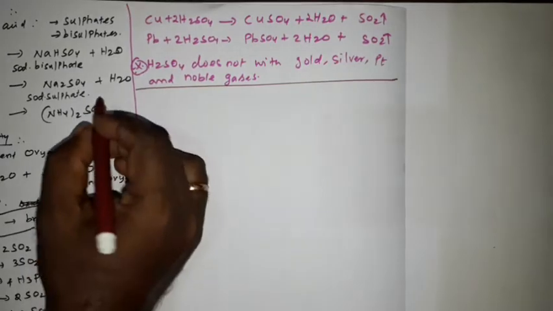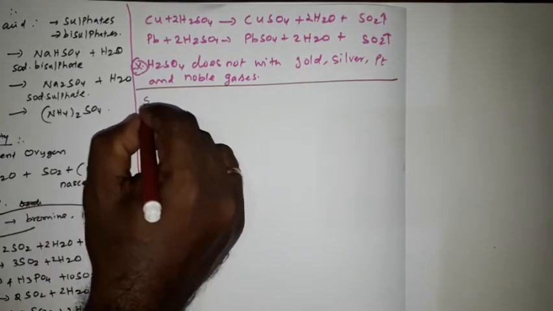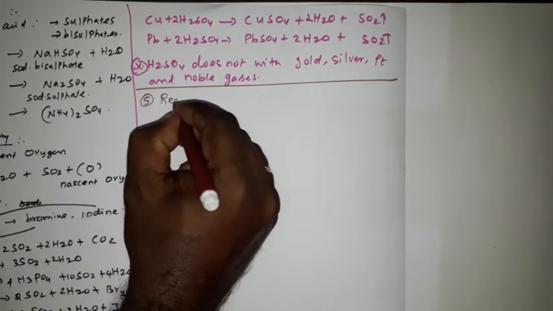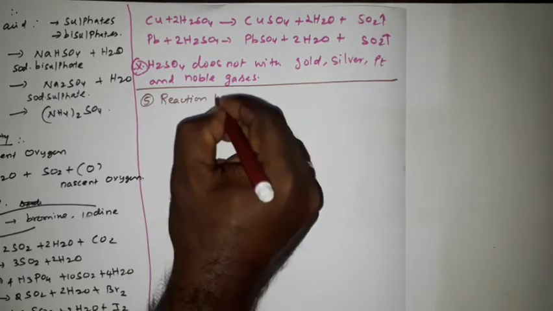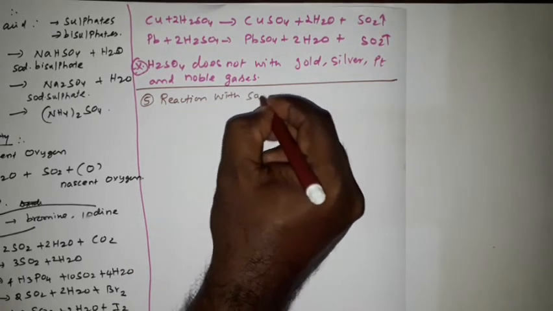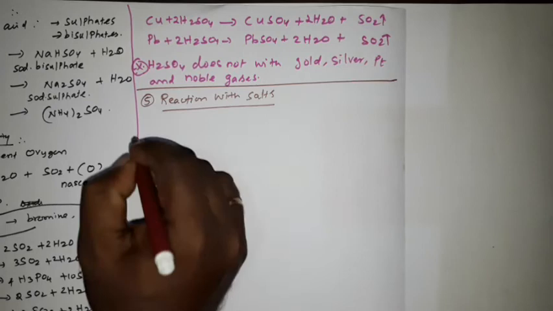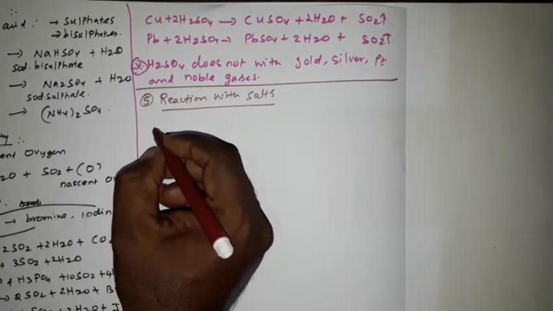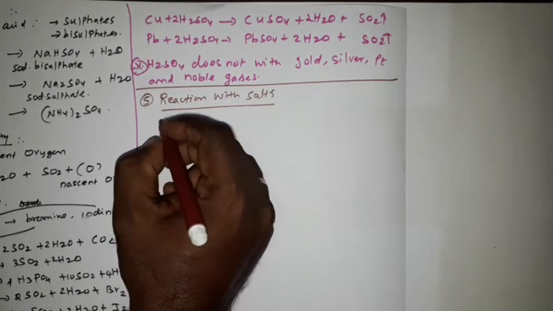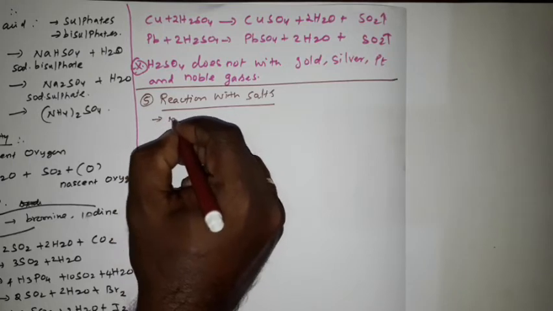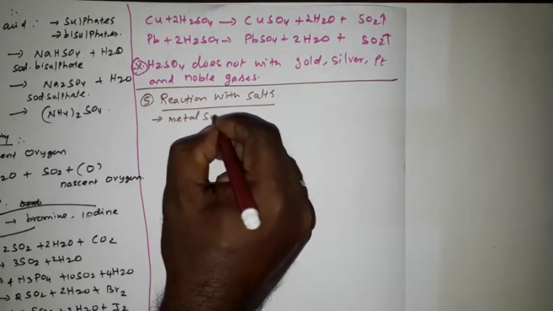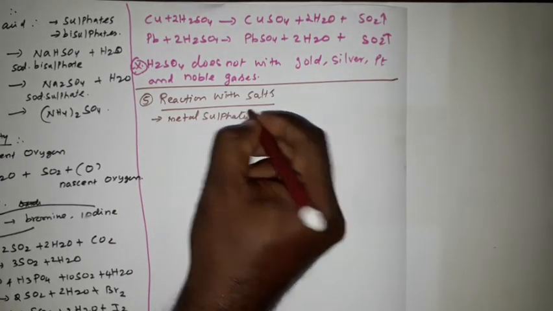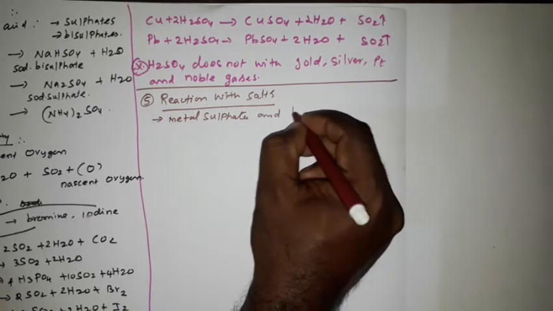Now reaction with salt. Next is reaction number 5, reaction with salts. Okay, so when it reacts with salt, it will produce metal sulfates and metal bisulfates.